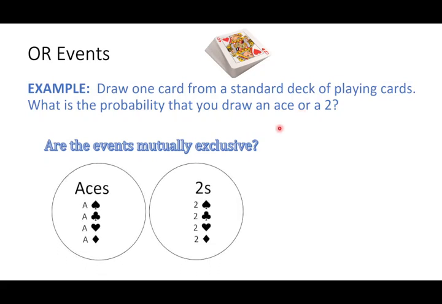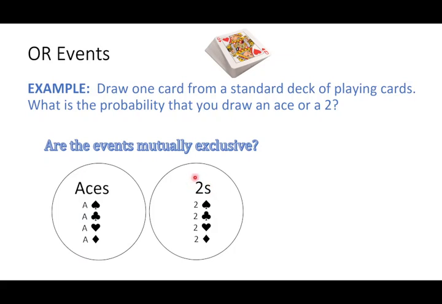First, let's just talk about this idea of mutually exclusive. So here's our deck of cards represented with a Venn diagram. We've got aces. There's 4 aces in the deck. We've got 2s. There's 4 2s in the deck. And there's no overlap between this group and this group, or this event that we're doing and this event that we're doing.